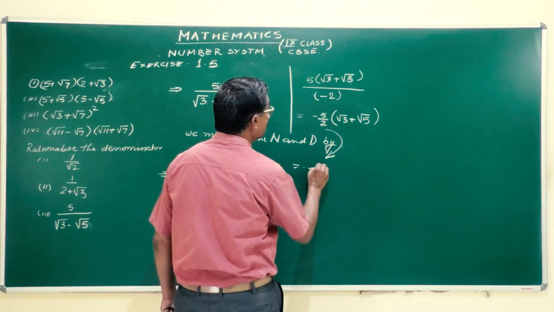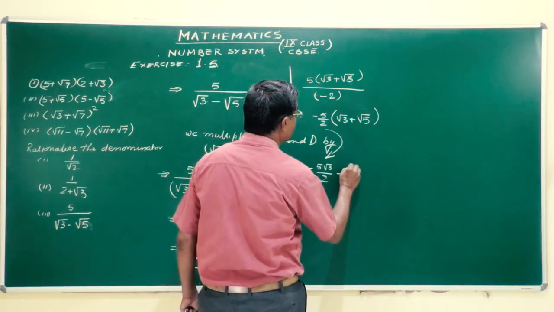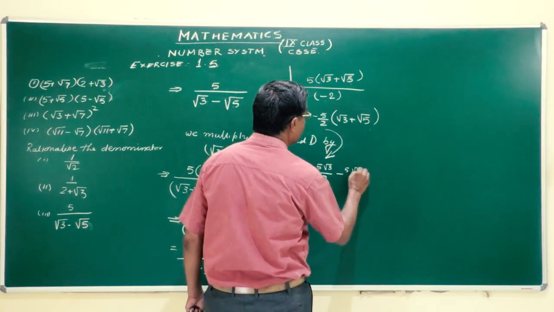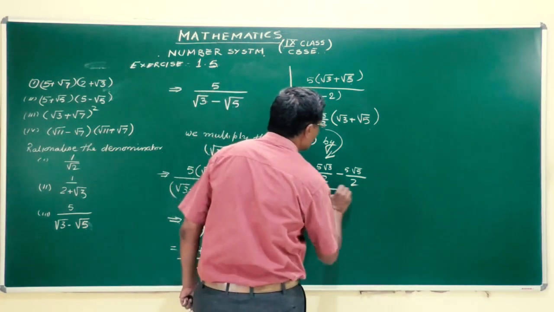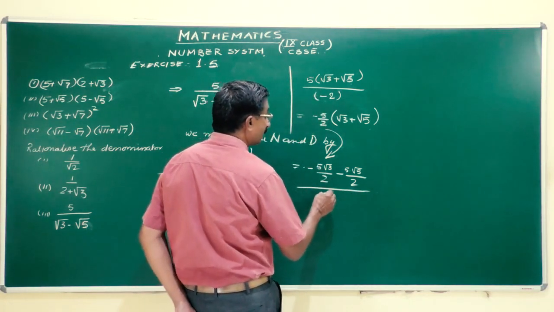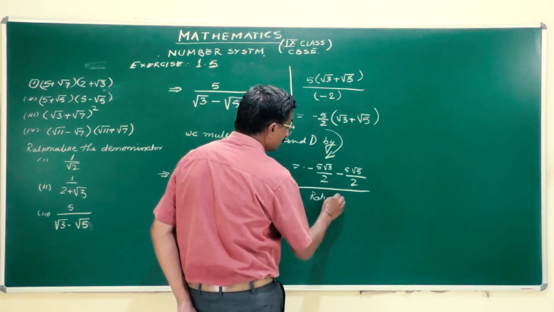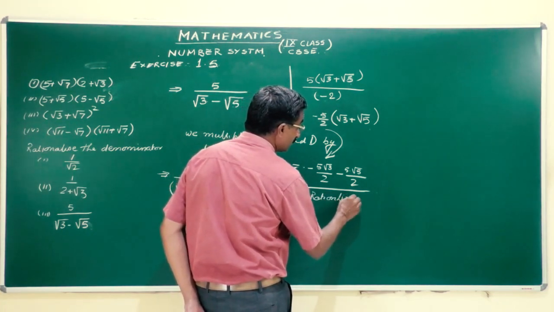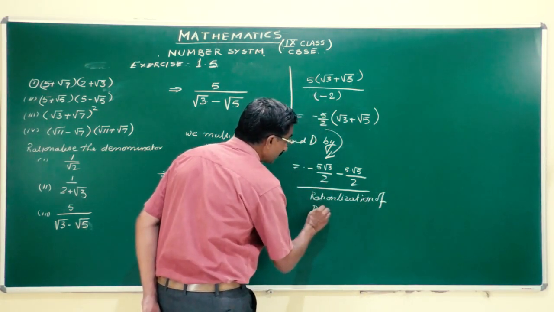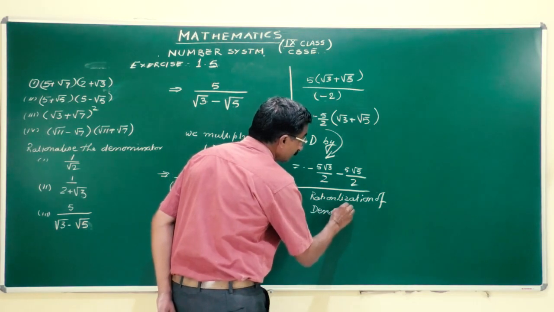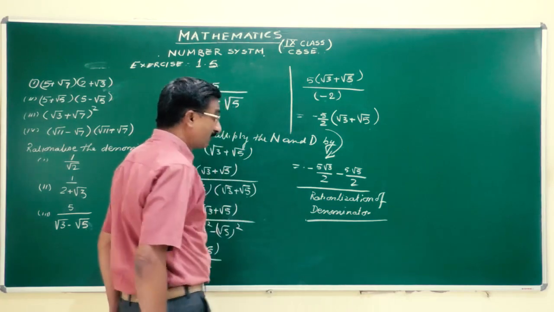That is minus 5 root 3 upon 2 minus 5 root 5 upon 2. So this is the rationalization of the denominator. Clear?